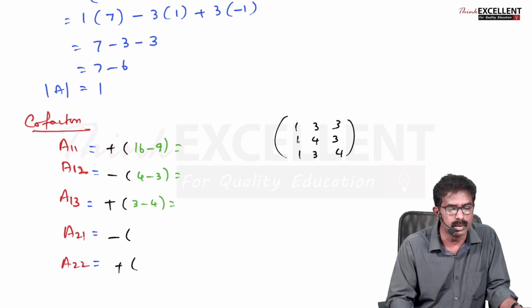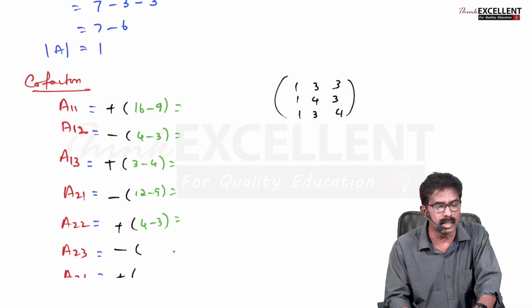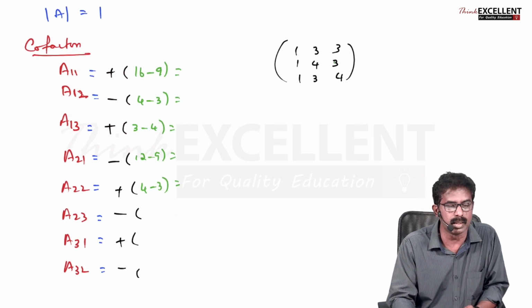2 1. Second row. That 1 is there, no? Leave that row, that column. 3 4s are 12 minus 9. 2 2, the middle number 4. Leave that row, that column. 1 into 4, 4 minus 1 into 3, 4 minus 3. Now 2 3, that 3 is there, no? Leave the row, leave the column. 1 into 3, 3 minus 3.